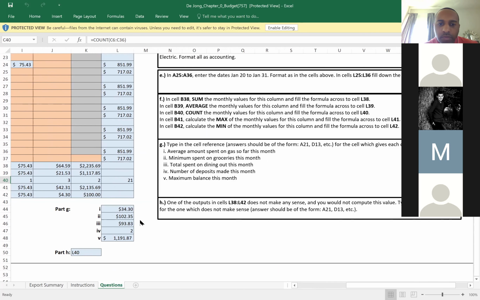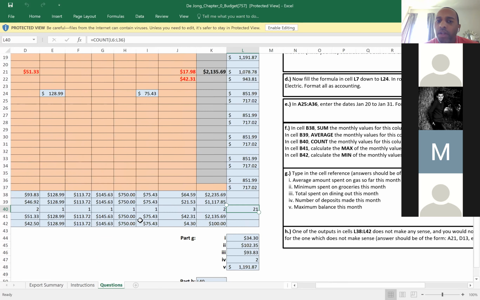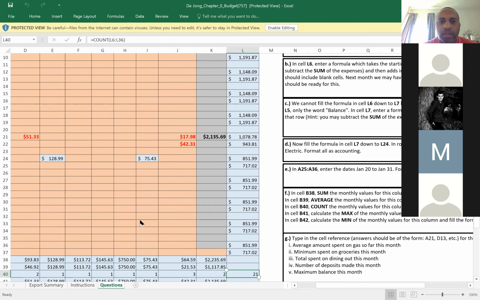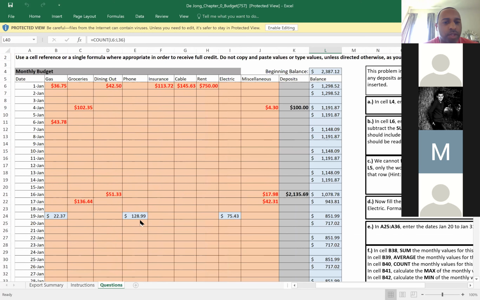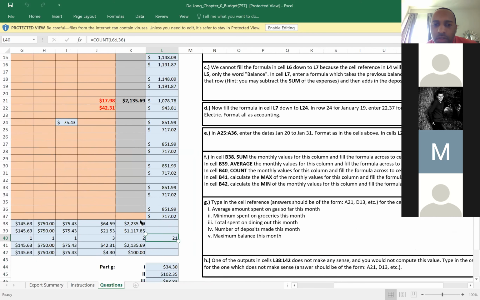Right. So count the monthly values. Okay, so what step told you to put that there? Because I'm looking at it now, trying to see.